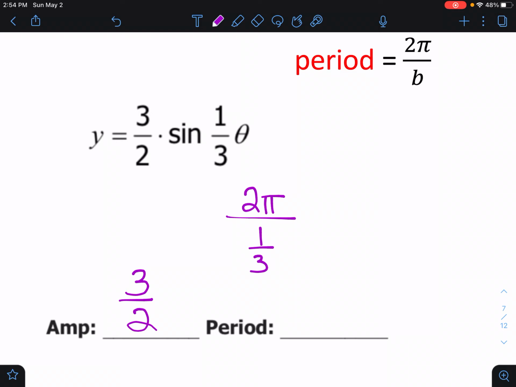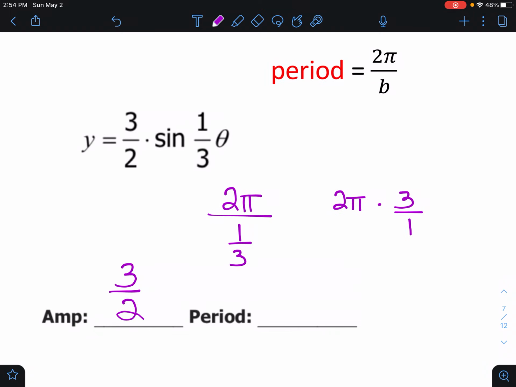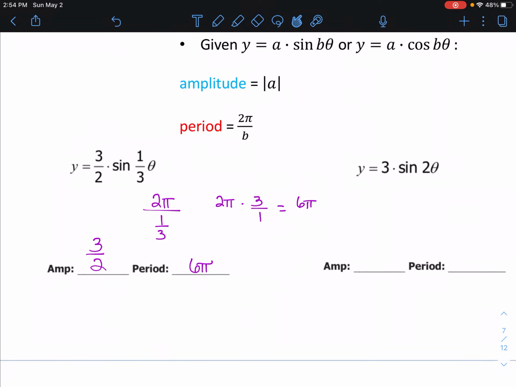Okay, so I would say, all right, well, what is that? Now, remember how we divide fractions, we multiply by the reciprocal. So I would multiply this by the reciprocal, and that would give me 6 pi over 1, or just 6 pi. Okay, cool. So that is my amplitude and period for that function.